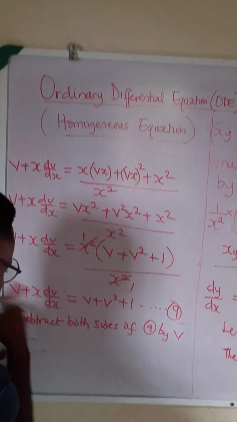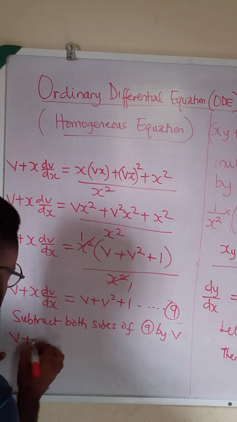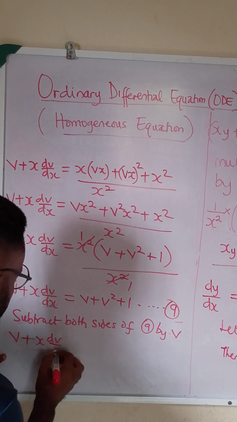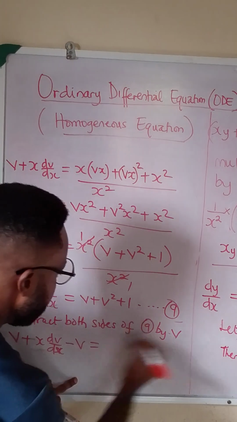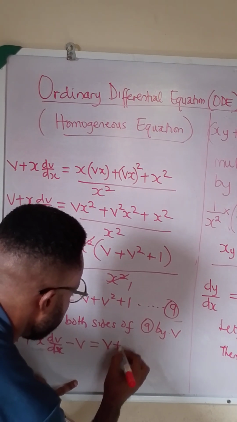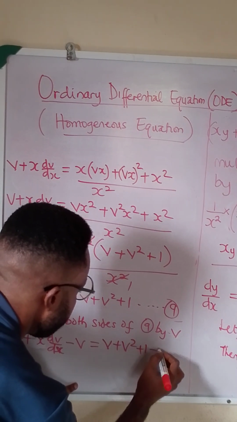So this means from the left hand side we are going to have v plus x dv/dx minus v equal to, then from the right hand side we have v plus v squared plus 1 minus v.